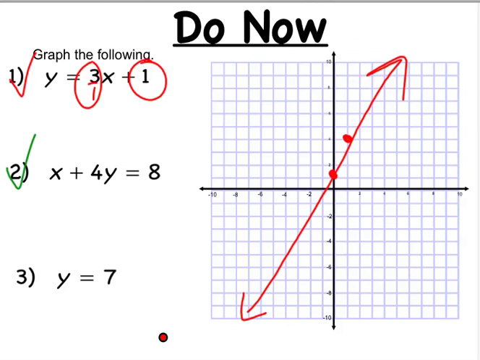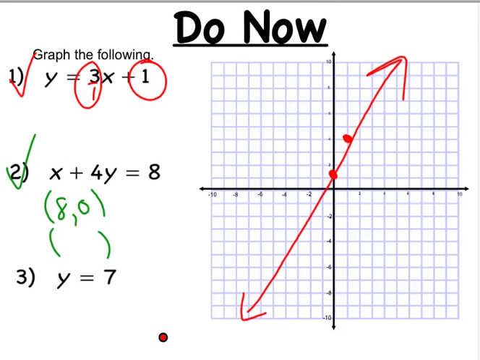The second one is in standard form. You can solve for y here and put it in slope-intercept form, but I find it much easier when it's in standard form to just find the x and y intercepts. So the x-intercept is when I make y 0. If I plug in 0 for y, I get x equals 8.